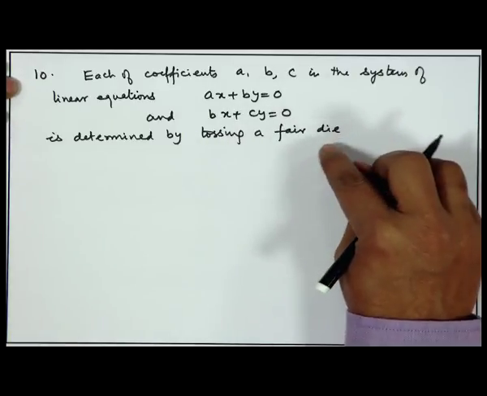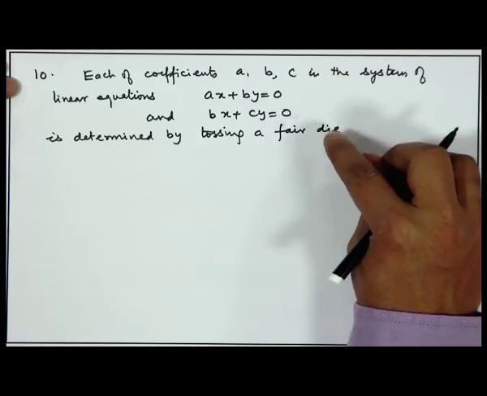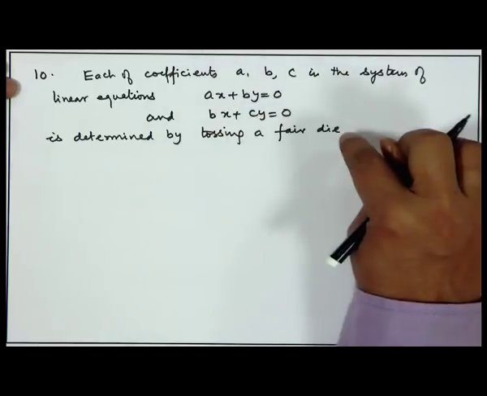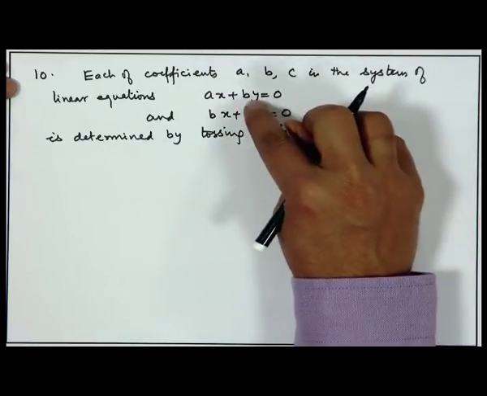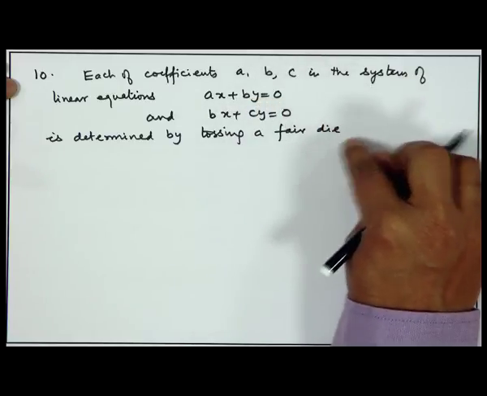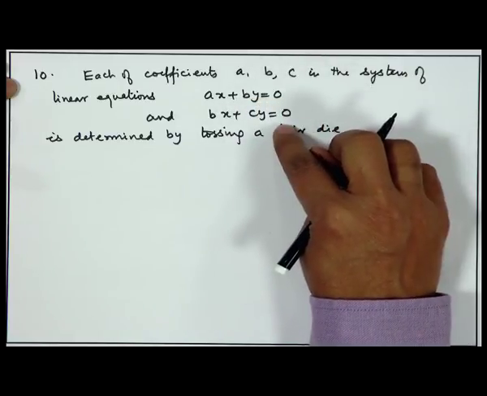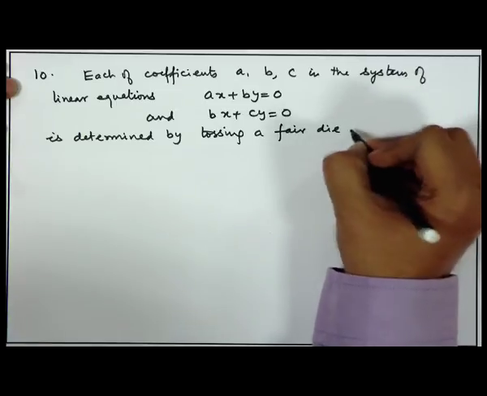That means, if we toss once, whatever number is there we call it A, we toss it again, whatever number is observed we call it B, and we toss it again and whatever number is there we call it C.